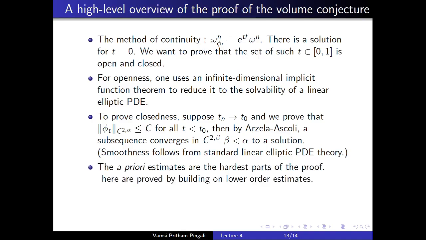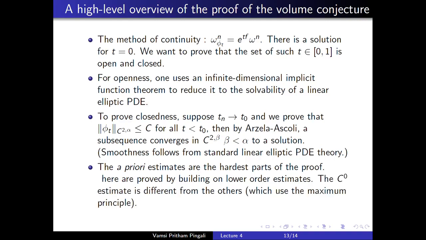So the difficulty comes in proving these a priori estimates. How do you prove such estimates? What you do is you first prove that the C^0 norm is controlled. Then you prove further higher order estimates. The C^0 estimate is very different from the higher order estimates.